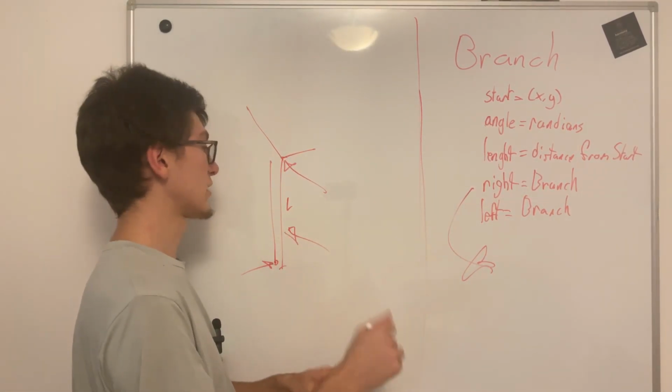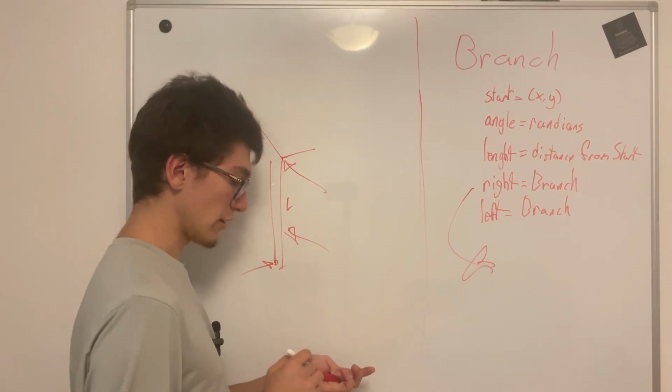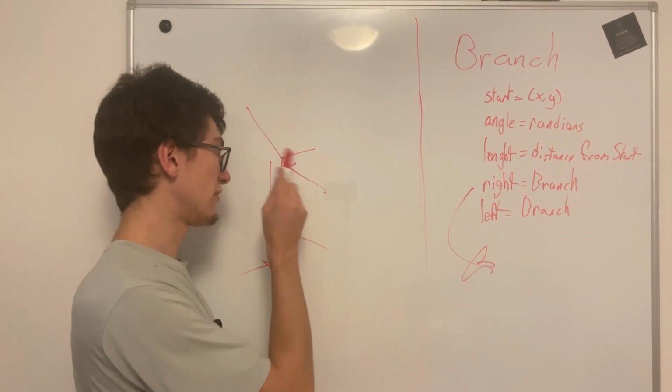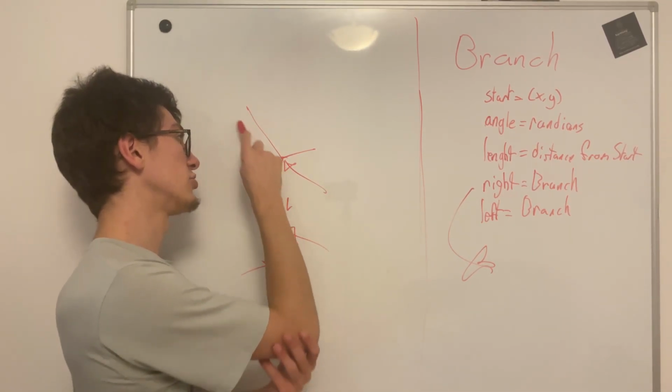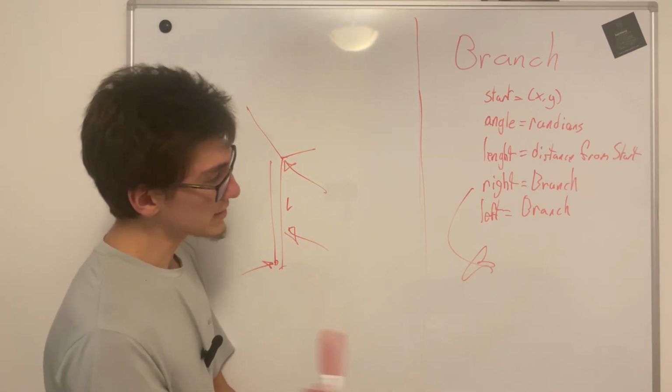So divide this one by 5, say, and this one could be divided by 2. That's pretty much the concept.